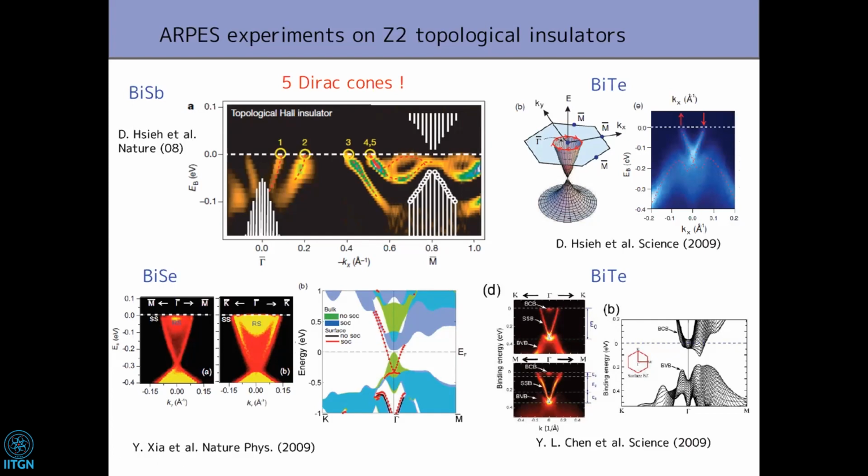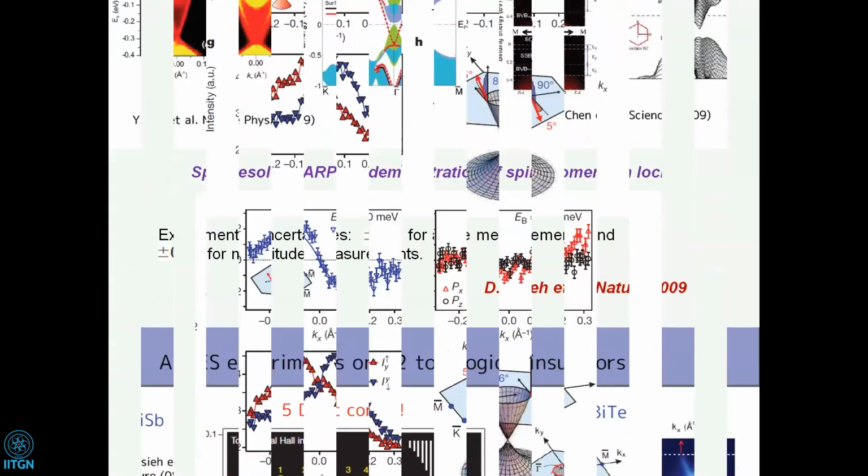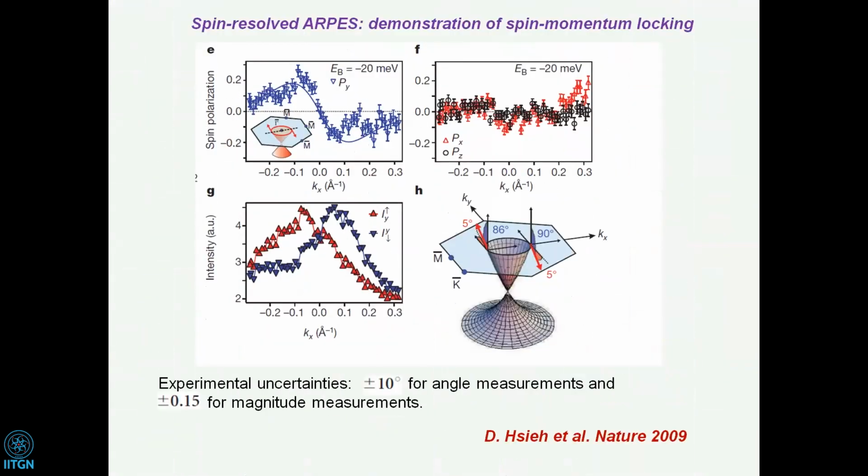But the clinching argument for this theory came from what is called spin resolved angle photoemission spectroscopy, which was done in Zahid Hasan's group in Princeton. What they did was the standard photoemission, so that they know where the momentum of these electrons are on the Fermi surface.